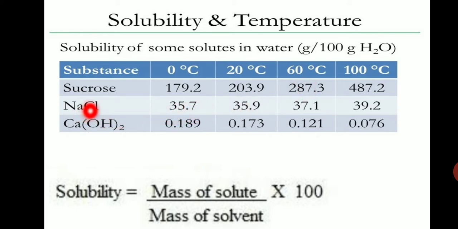In the case of sodium chloride, written as NaCl, it can be dissolved 35.7 gram in 0 degrees Celsius, 35.9 gram in 20 degrees Celsius, 37.1 gram in 60 degrees Celsius and 39.2 gram in 100 degrees Celsius.